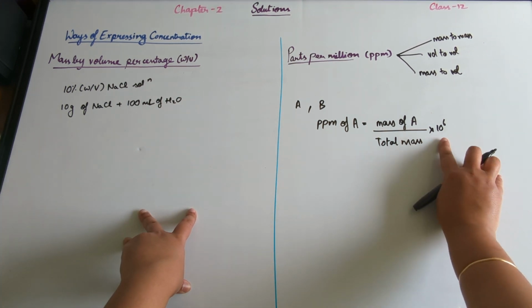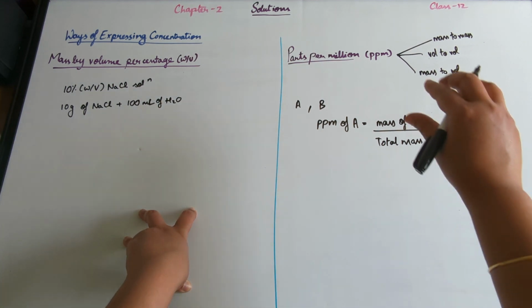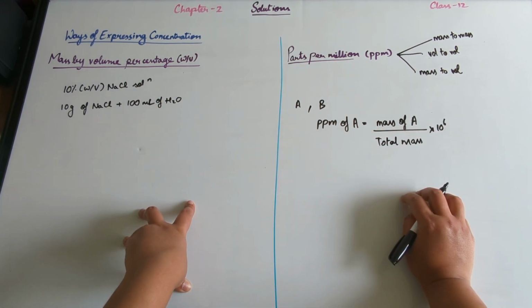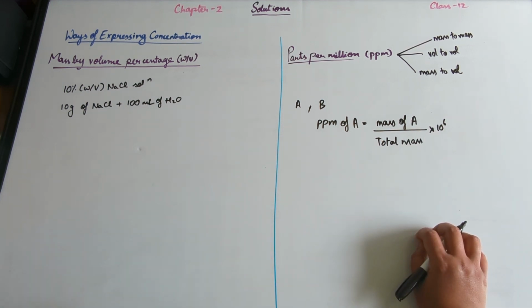So in 10 to the power 6, that quantity of the solution, how much is the mass of A is given by parts per million of A. So that ratio is given as parts per million because it gets really difficult.